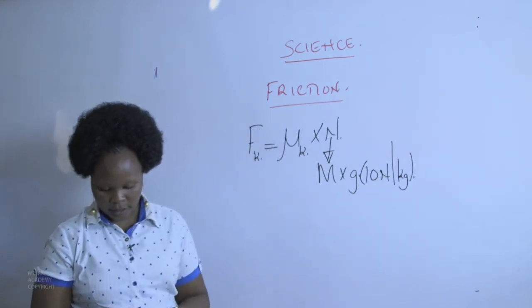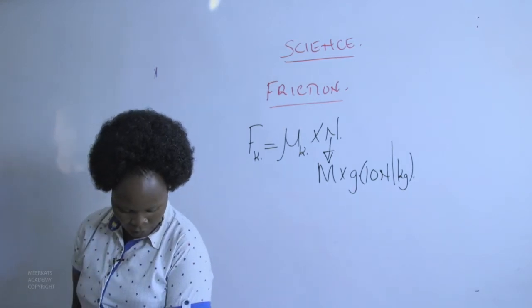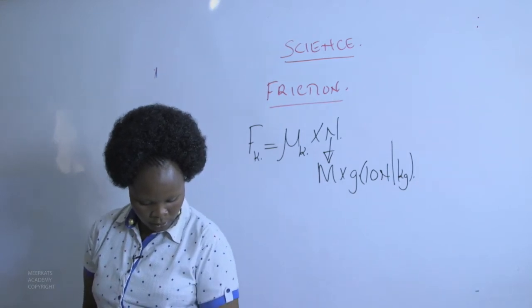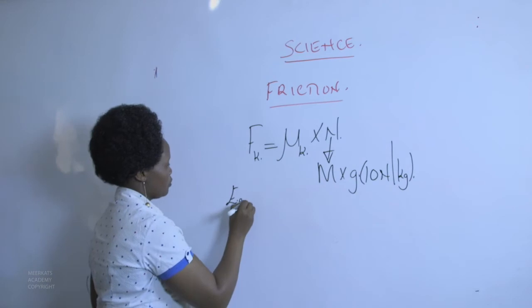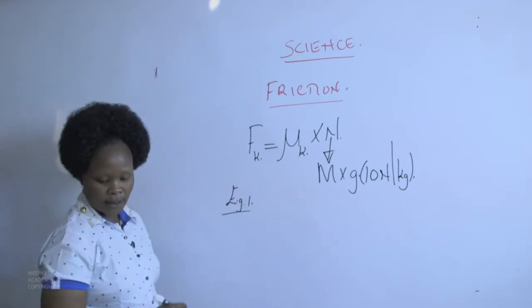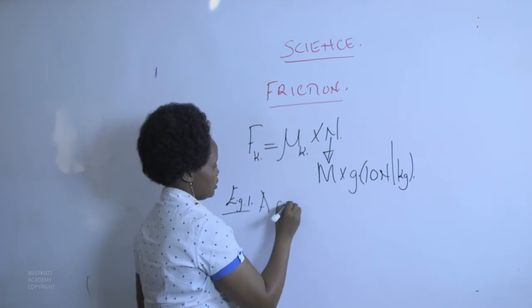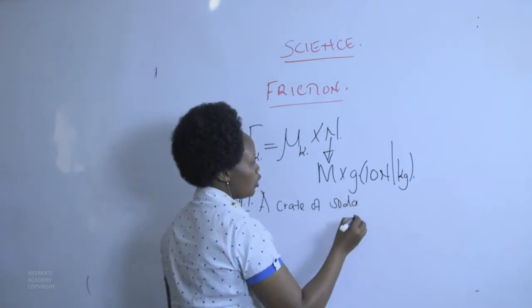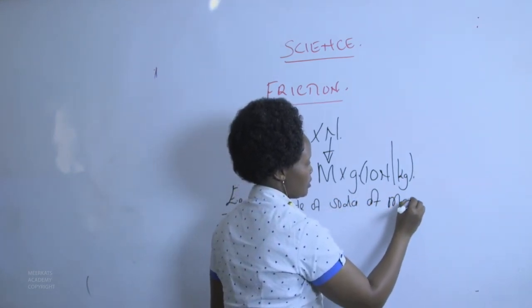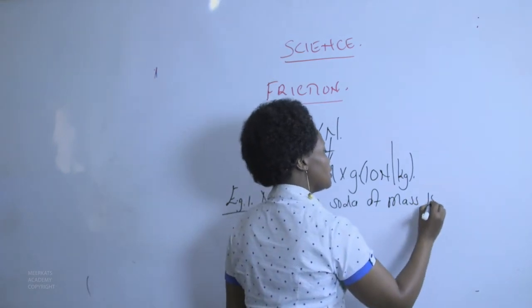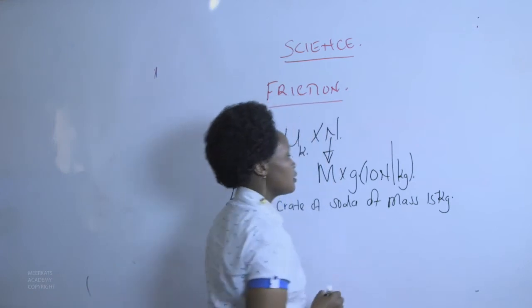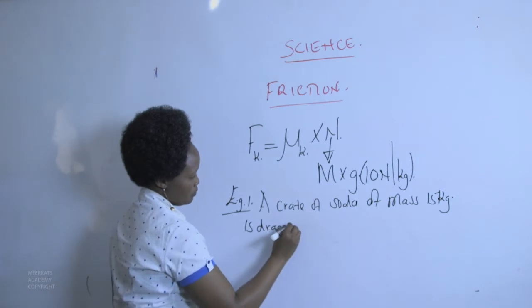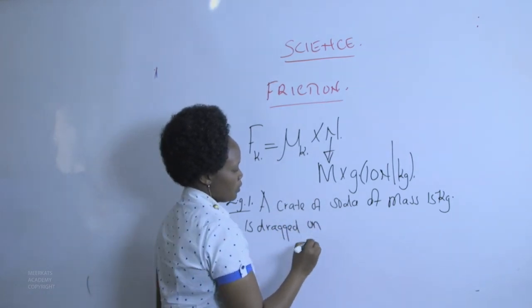Let us take an example where we can apply that particular formula. A crate of soda of mass 15 kgs is dragged on a rough surface.